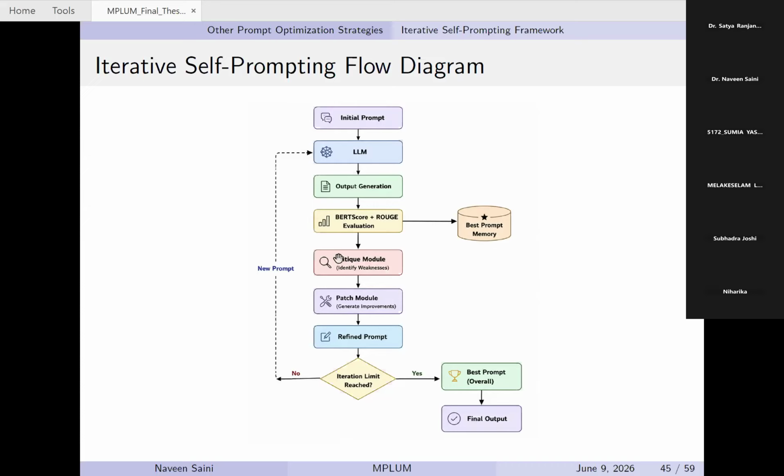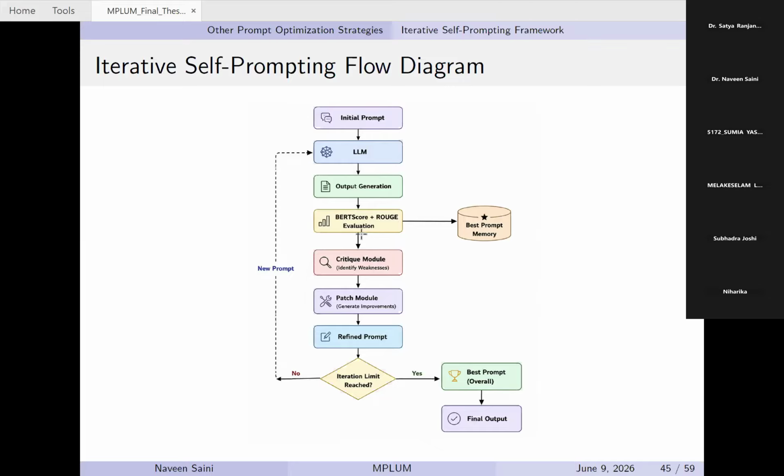Now there is a critic module. Again, it's a totally black box. So what you will do, you will ask the LLM, this is the BERT score, this is the ROUGE score for this input document.